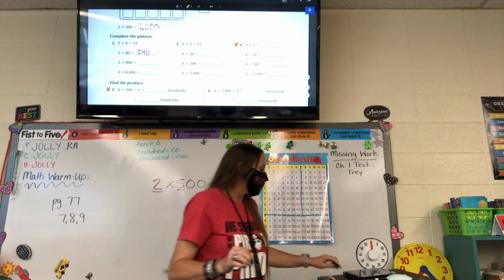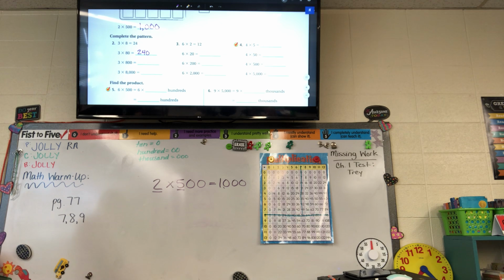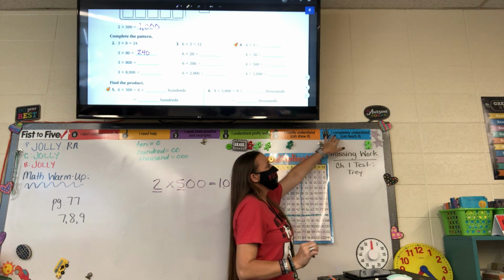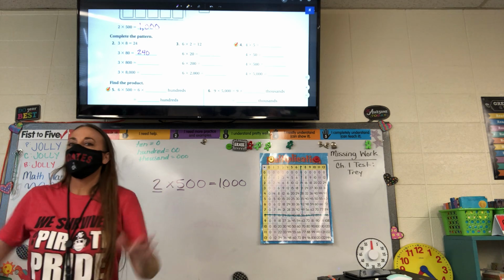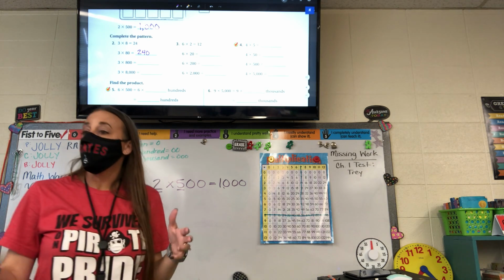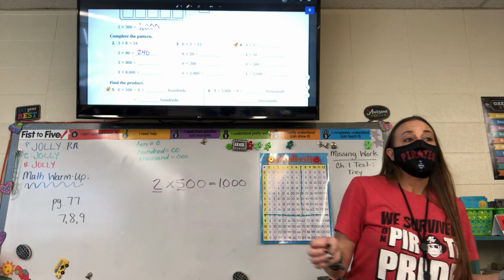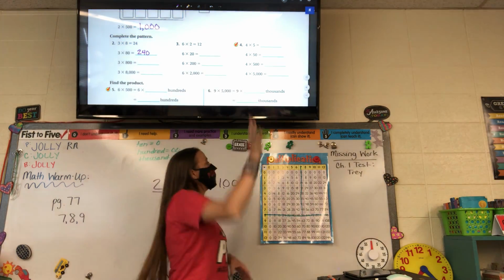Okay, I'm going to do something called a fist to 5. And a fist to 5, the guidelines are right under the TV. It says, if you completely understand what we're doing today and could teach somebody, like if a student was absent today and they needed help tomorrow, if you could teach it to them, give me 5 fingers.